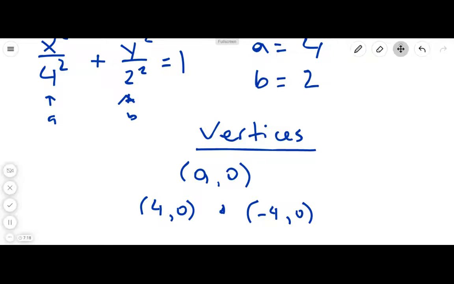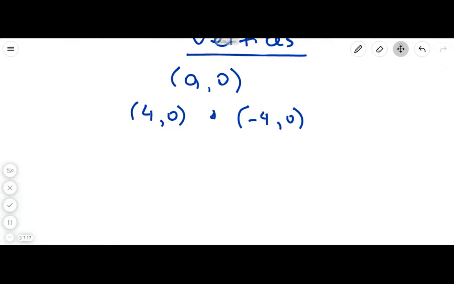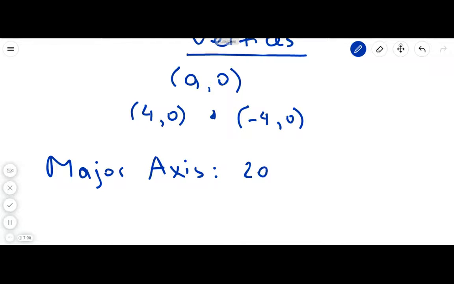So next, we have to find our major axis. And how do we find that? We do it through a formula. It's called 2 times a.